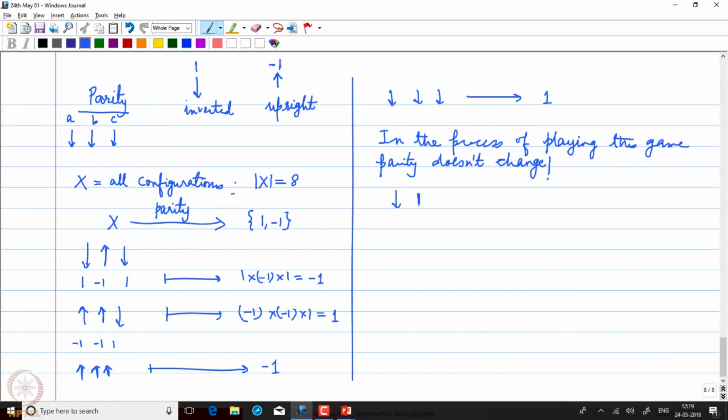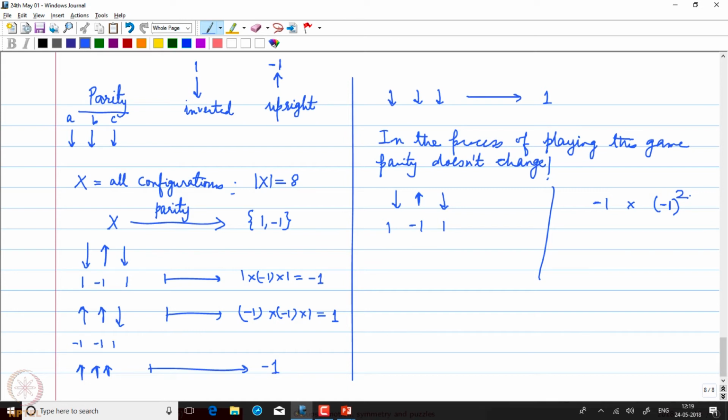Because suppose you have this state, so you have 1, -1, 1, -1. After that, whatever you do, you are changing the configuration of 2 positions. So you are actually multiplying with -1 squared. -1 squared is just 1. So you are not changing the parity in the process.